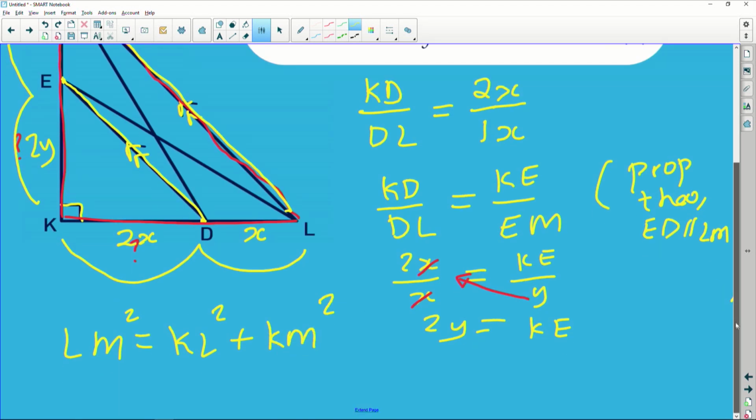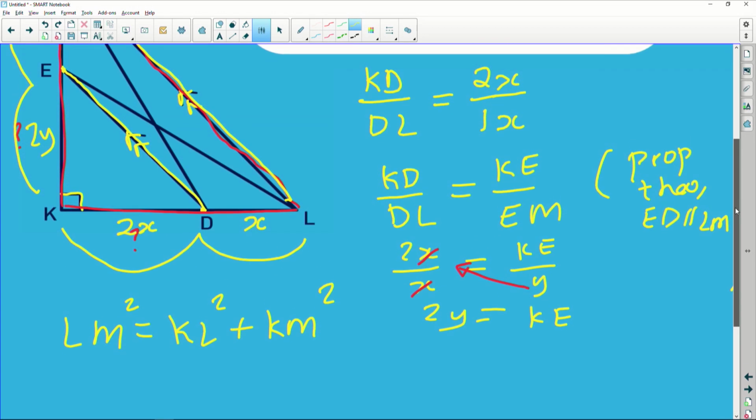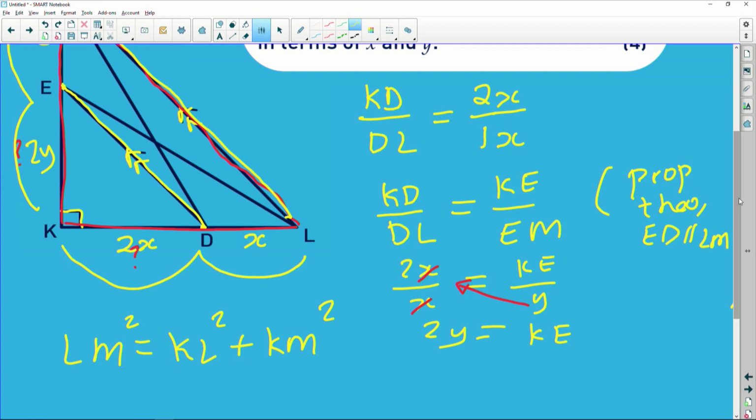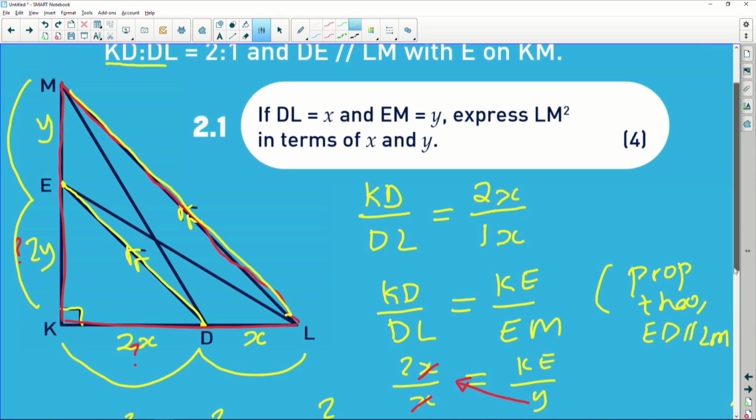And then let's substitute the sides that we know. We have already found the lengths of those sides in terms of both x and y. The side KL is 2x plus x, the bottom side, which is simply 3x, everything squared, plus the vertical line KM, which is 2y plus y.